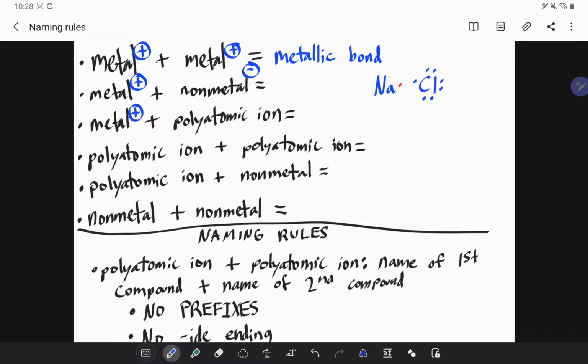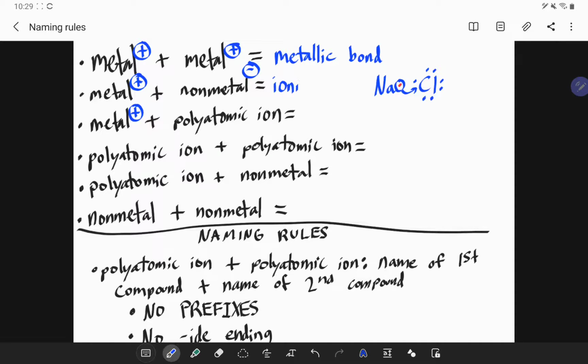So chlorine is going to take that electron from sodium, and sodium will gladly get rid of it because through giving away this electron, sodium will get to 8 valence electrons, and through accepting that electron, chlorine will get to 8 valence electrons. So this is what an ionic bond is.